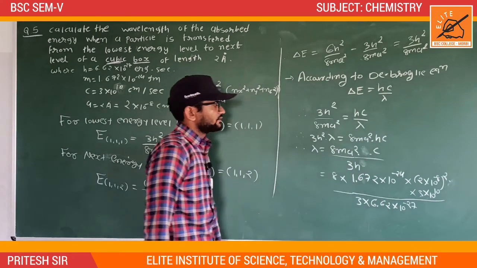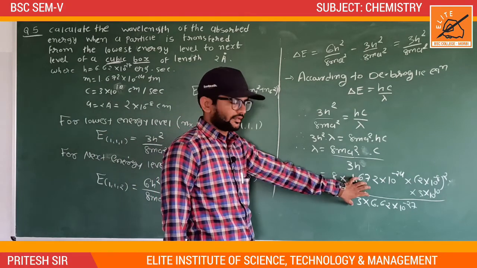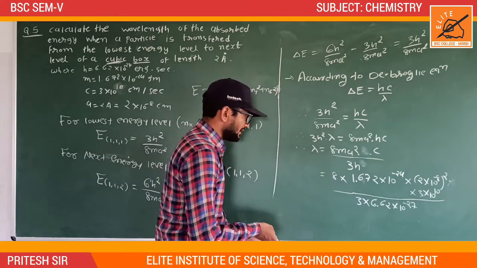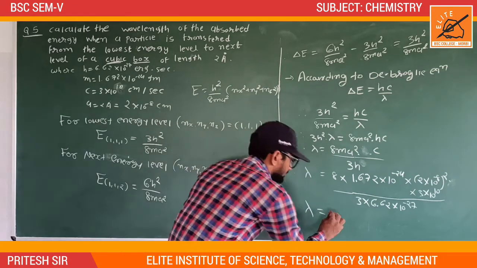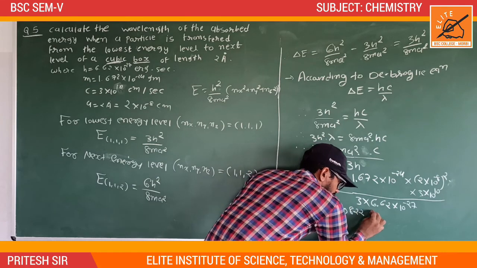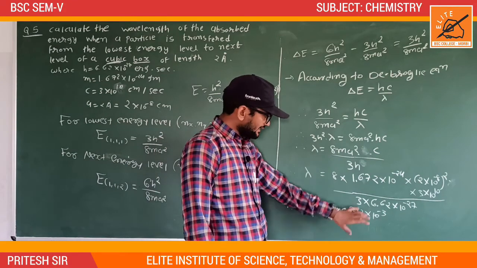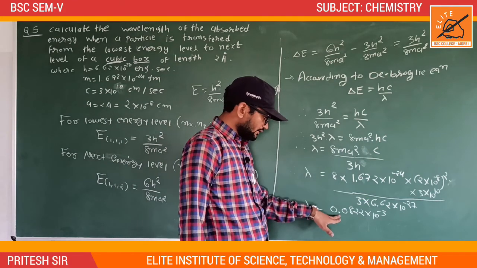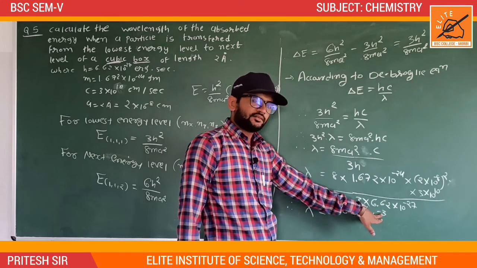Simplifying all the terms, finally the value of lambda is equal to 0.0822 into 10 to the power minus 3.